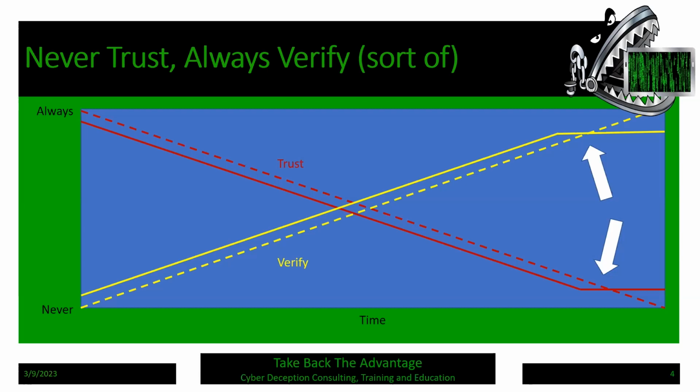We've identified this session. If you look at that solid line, you'll see that both the trust line and the verify line flatten out. At some point, we have to deal with the fact that we just cannot independently validate every single packet. So it is where those lines flatten out. And by the way, this is not drawn to any kind of scale. It's where those lines flatten out that we end up with a possibility of attacks within a zero trust environment.